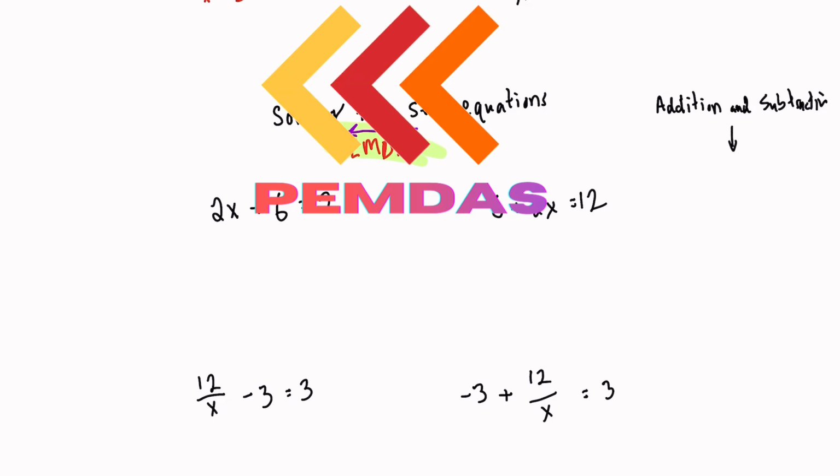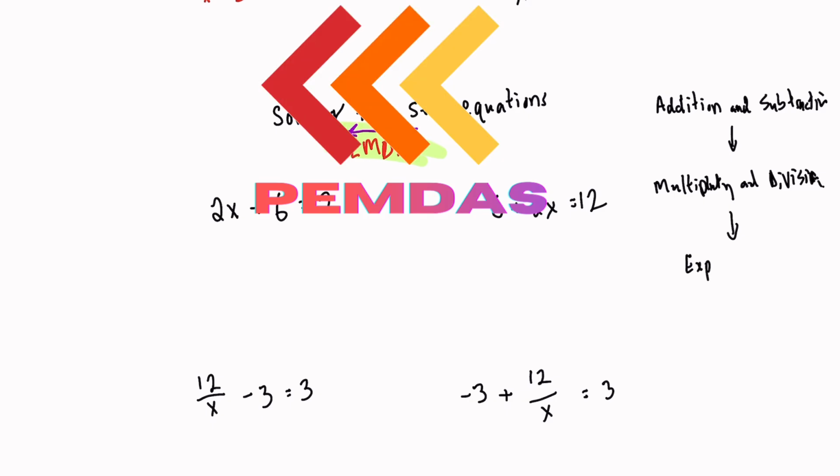Followed by multiplication and division. And then we're going to have to undo exponents, which we'll do at some point in the future. And then lastly, you would undo parentheses.